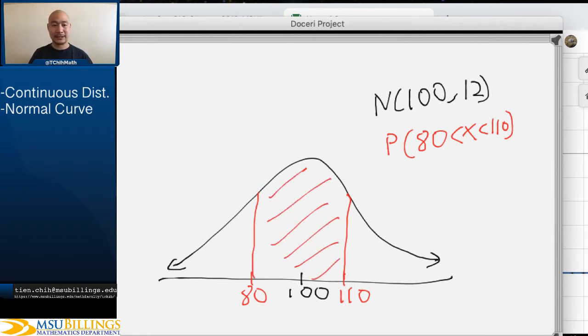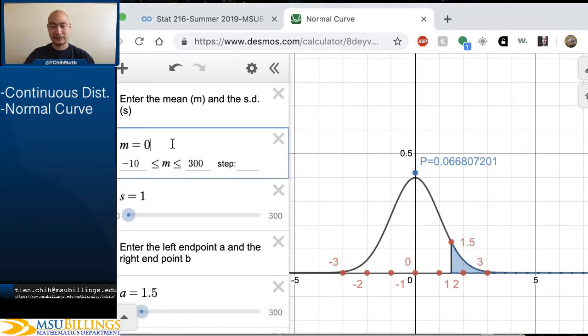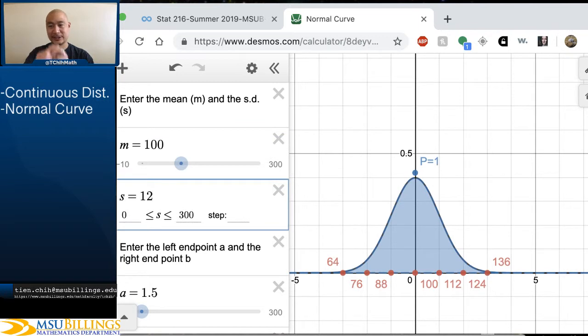I want to know that area. And so what I would do here is say, okay, I'm not on the standard curve anymore. I'm on a curve where the standard deviation is 12 and the mean is 100.